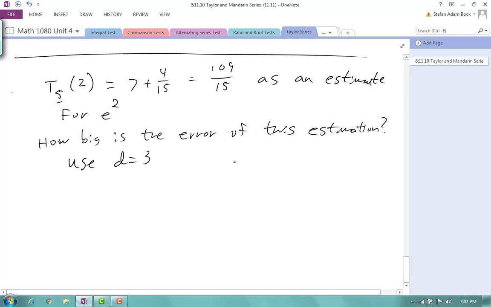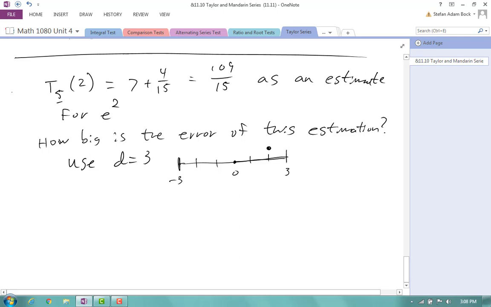So what I'm going to be doing, since my Taylor series is centered at 0, I'm going to cut it off here at d equal to 3. And right here was the number I was trying to estimate. x was equal to 2.